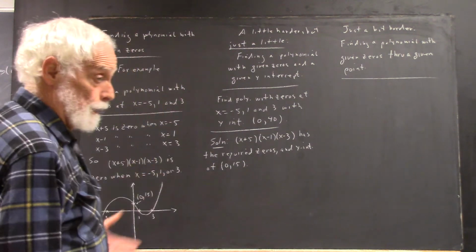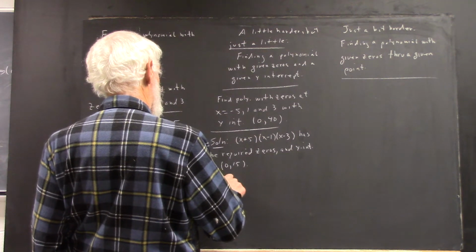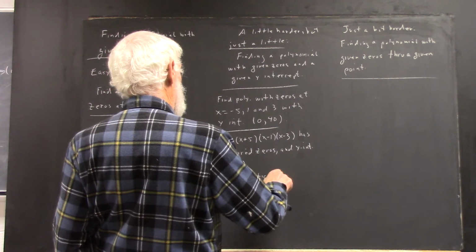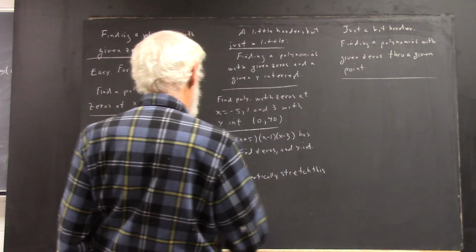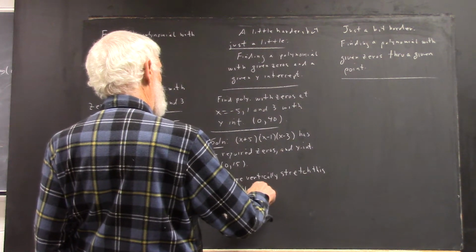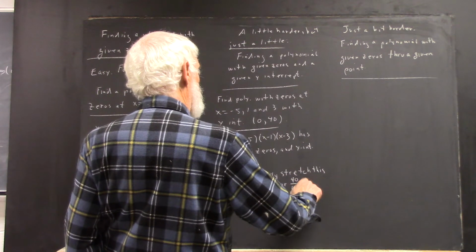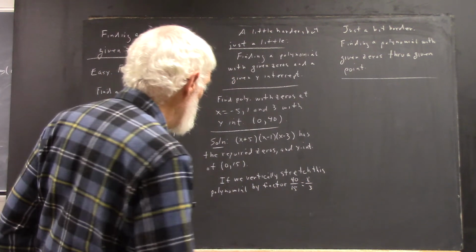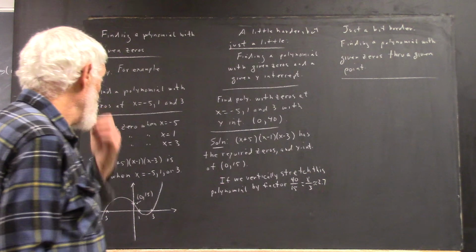If we vertically stretch this polynomial by factor 40 over 15, which of course reduces down to 8/3, which is about 2.7. 2.6 repeating, but okay, approximately 2.7.